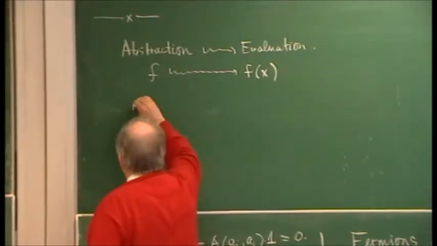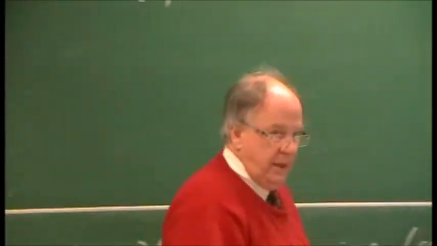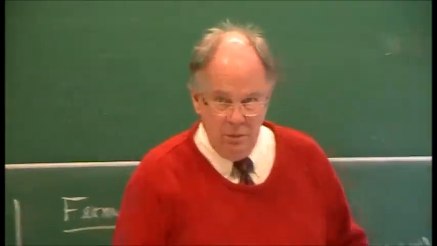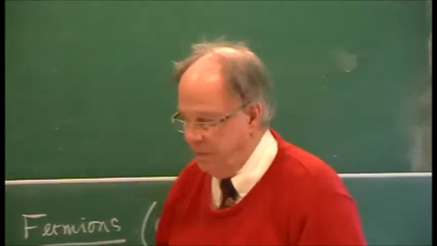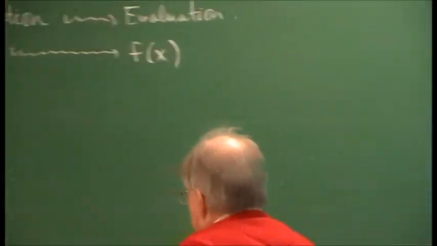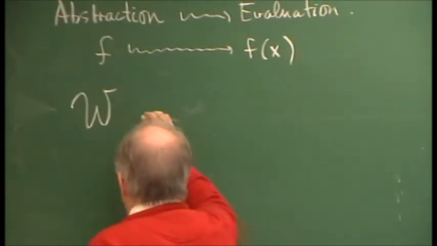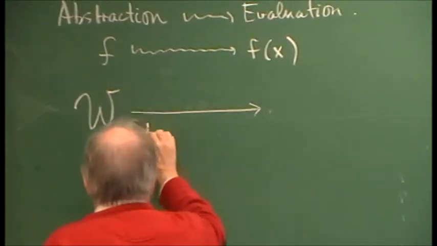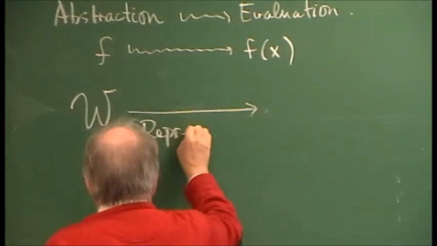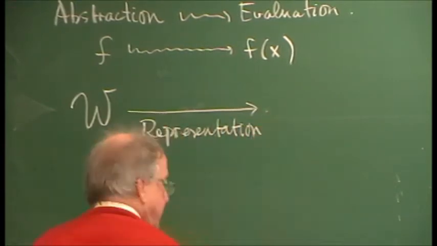Let's talk about here the abstract object, let us say, is the Weyl algebra. Some abstract object. Well, this thing, through an evaluation, which is called a representation, it's a good word, right?